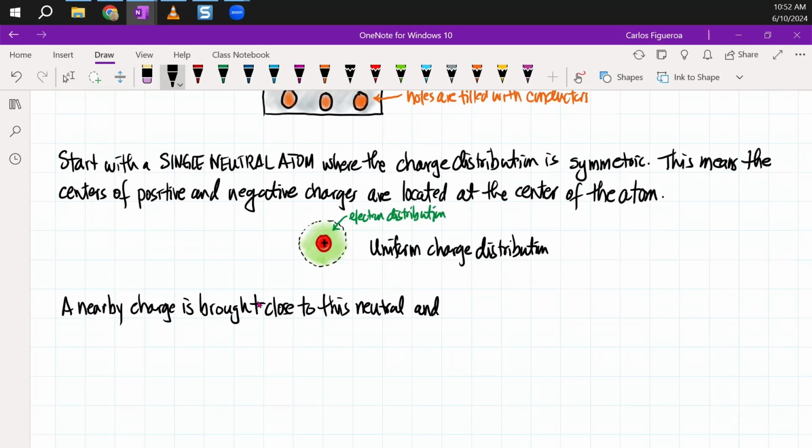And these electron distributions are highly distortable.